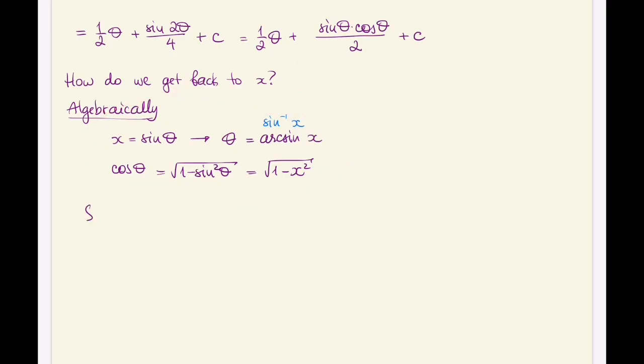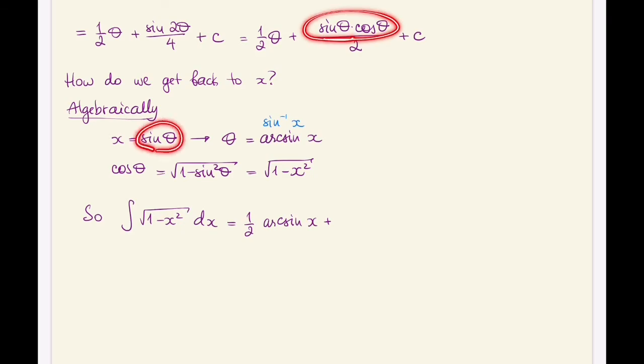So what I have here is that my original integral, the square root of 1 minus x squared dx, is equal to, let's read this off, a half of theta, and theta is arcsine of x, so I have a half of arcsine of x plus, then I have sine theta times cosine theta.